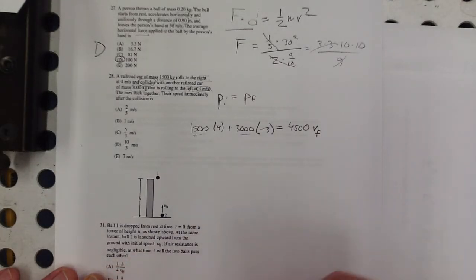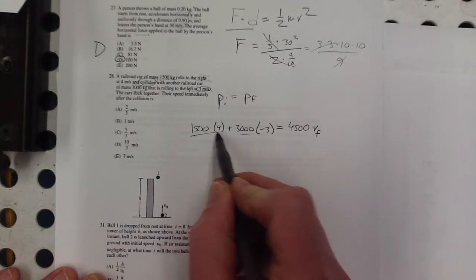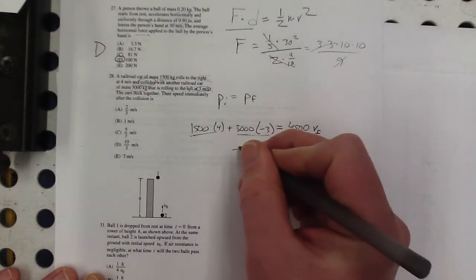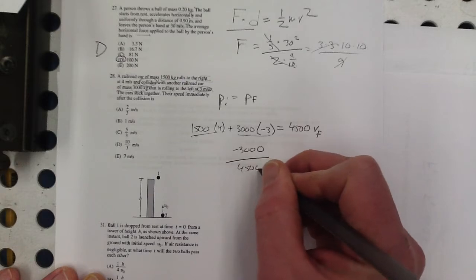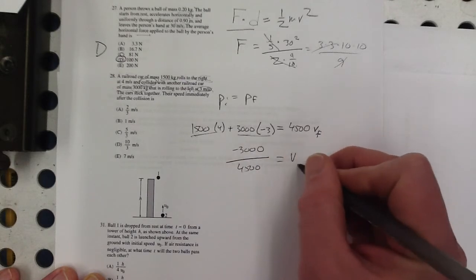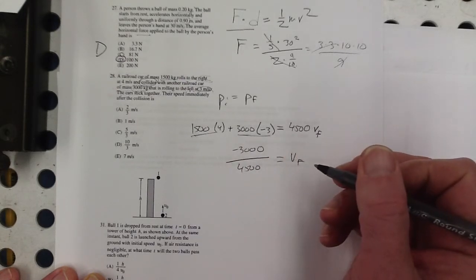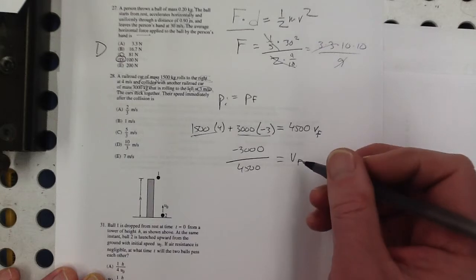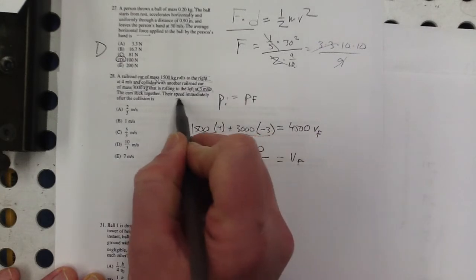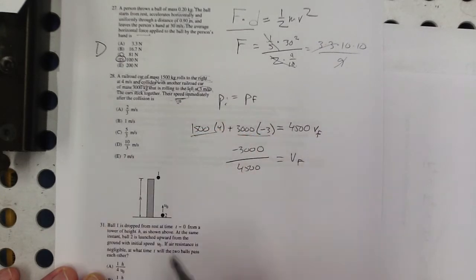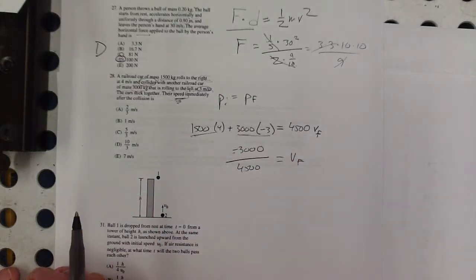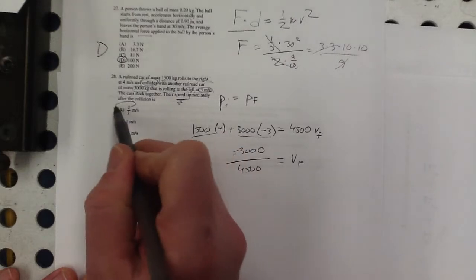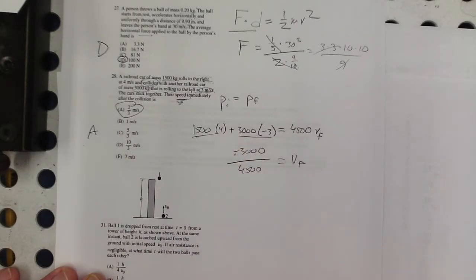That's what we're looking for. So 6,000 minus 9,000 over 4,500, that's negative 2/3, right? Now what about the negative sign? Well, they're asking for the speed immediately after, so it doesn't matter about direction. So looking for A.